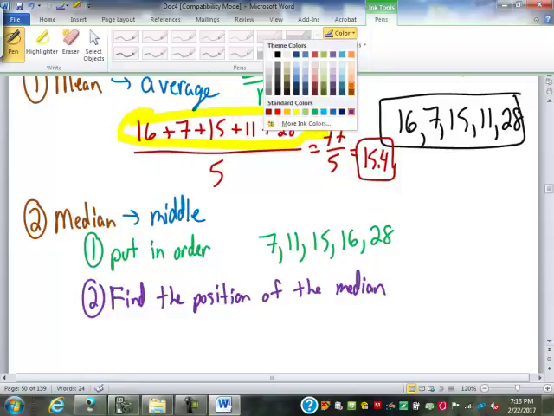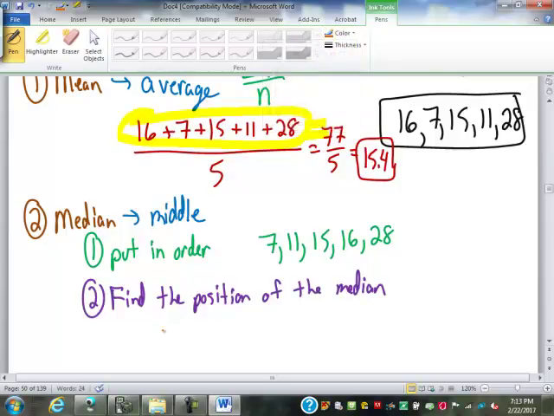The way I find the position of the median is n times 1/2, or n times 0.5. The median is the middle, which means half of the data is below it, half of the data is above it. So what I'm actually calculating here is how many data points are below the median.